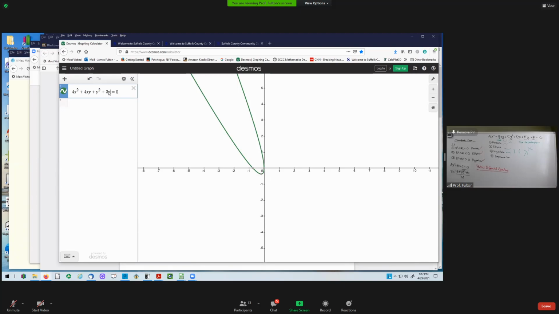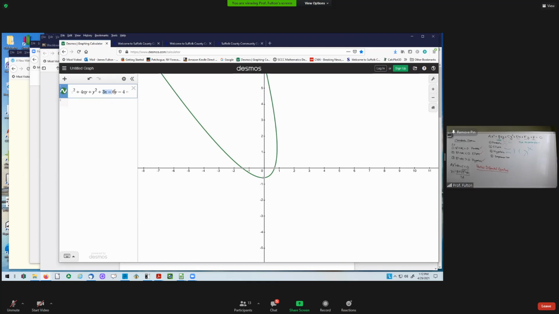And then you can see if I put, say, minus 6y, it moves it around. Minus 4. So these numbers here don't change it from being a parabola. What they do, however, is change its location from being at the origin.